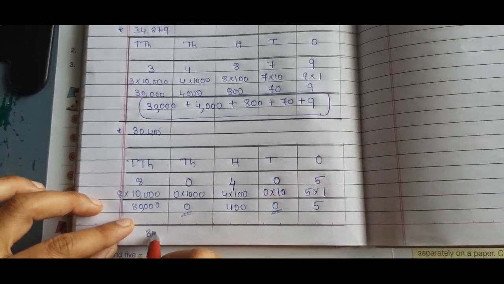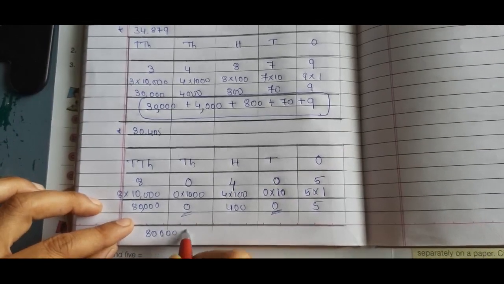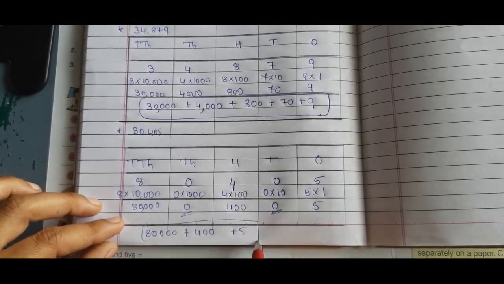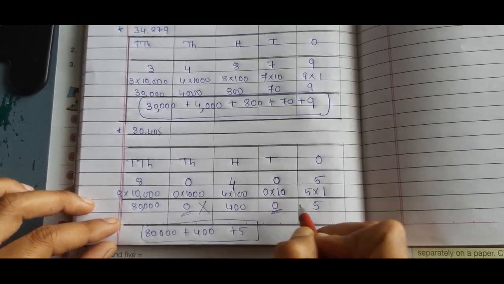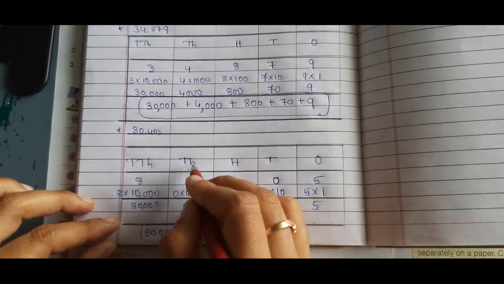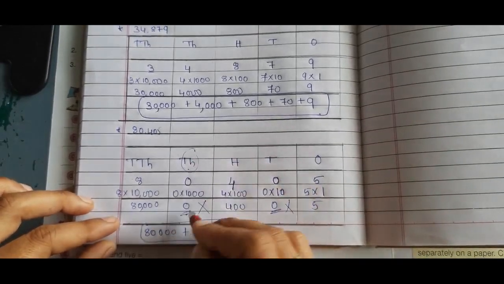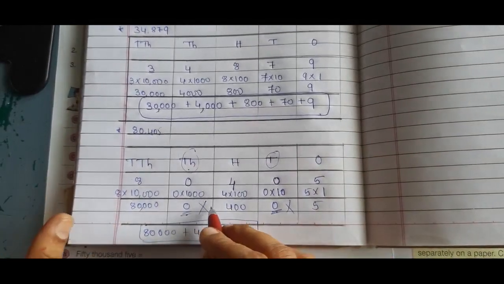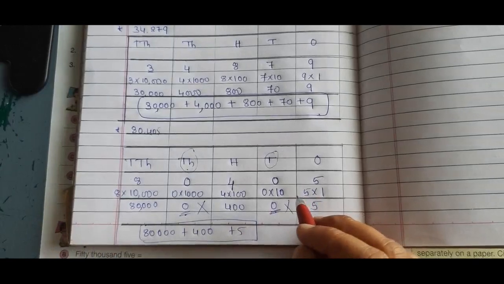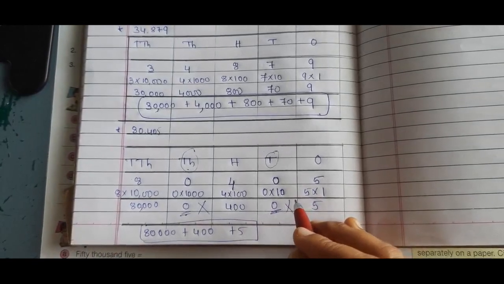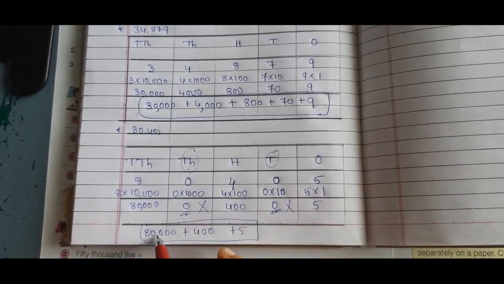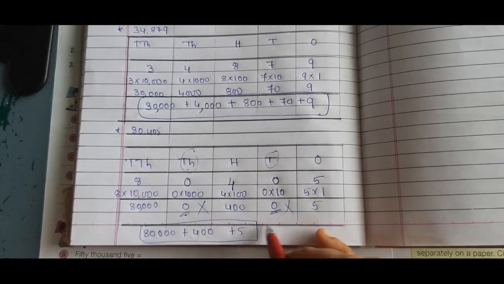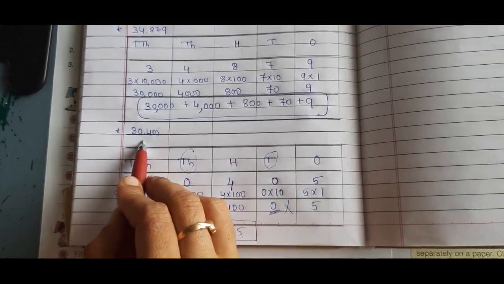See, 80,000 plus 400 plus 5. This much only we have to write. We have to exclude the 1000 and 10 because their values are 0. So we exclude the 0 values. The last answer is 80,000 plus 400 plus 5, the expanded notation of the given number.